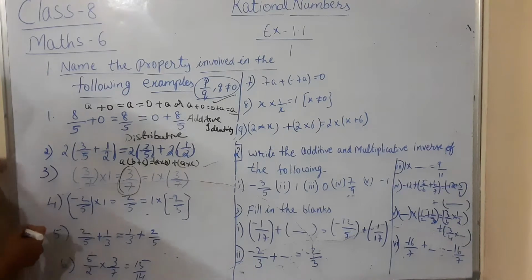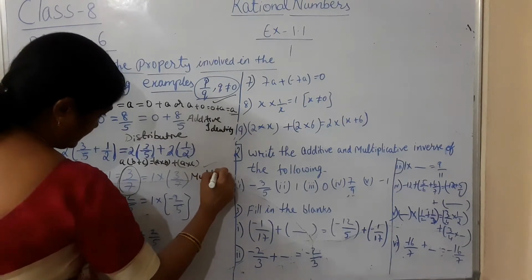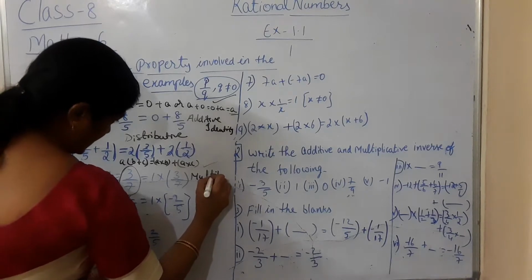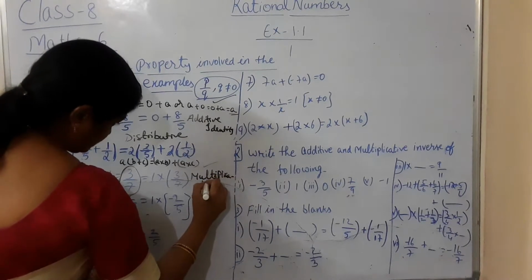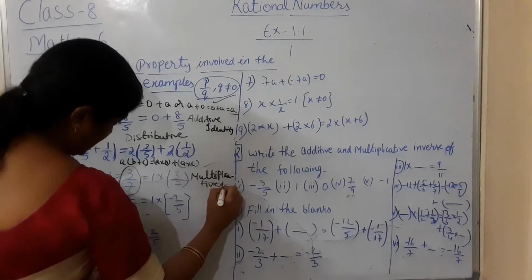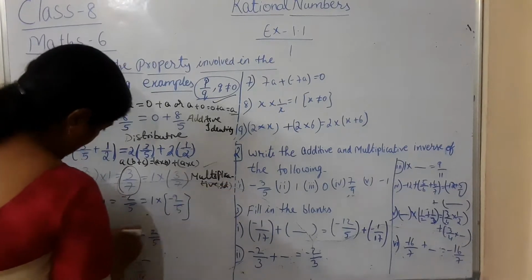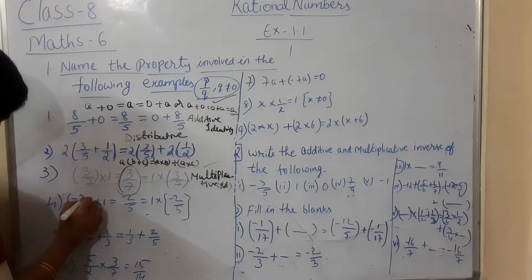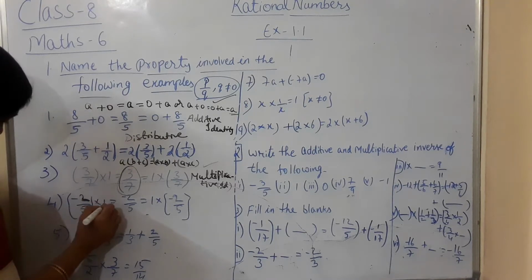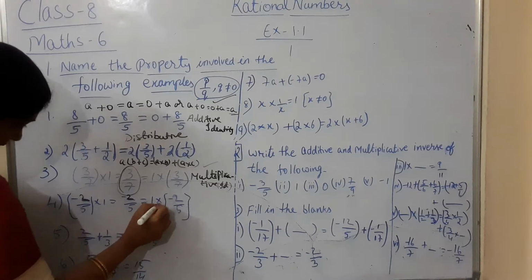Yes, it satisfies multiplicative identity. I wrote the short form of identity as ID, right? The next one, minus 2 by 5 into 1 is equal to minus 2 by 5, which is equal to 1 into minus 2 by 5.